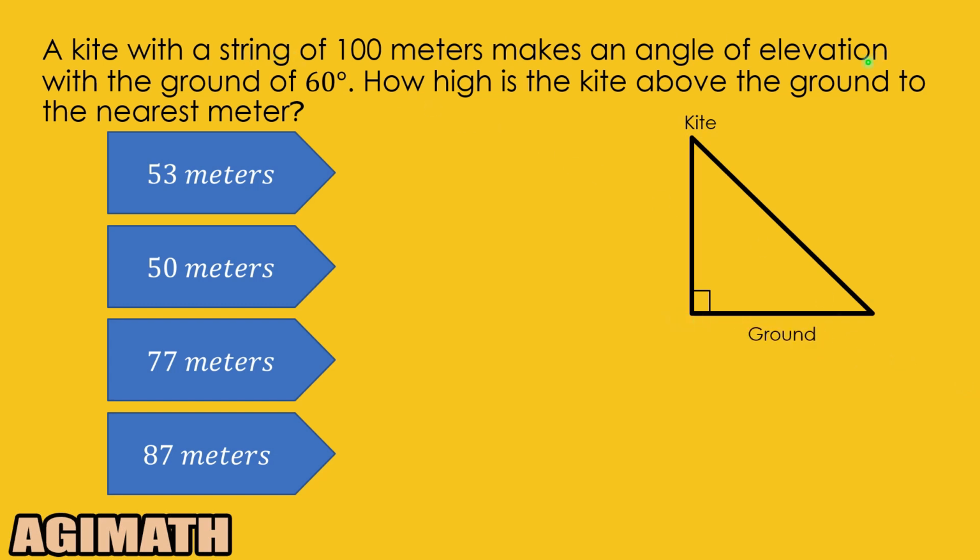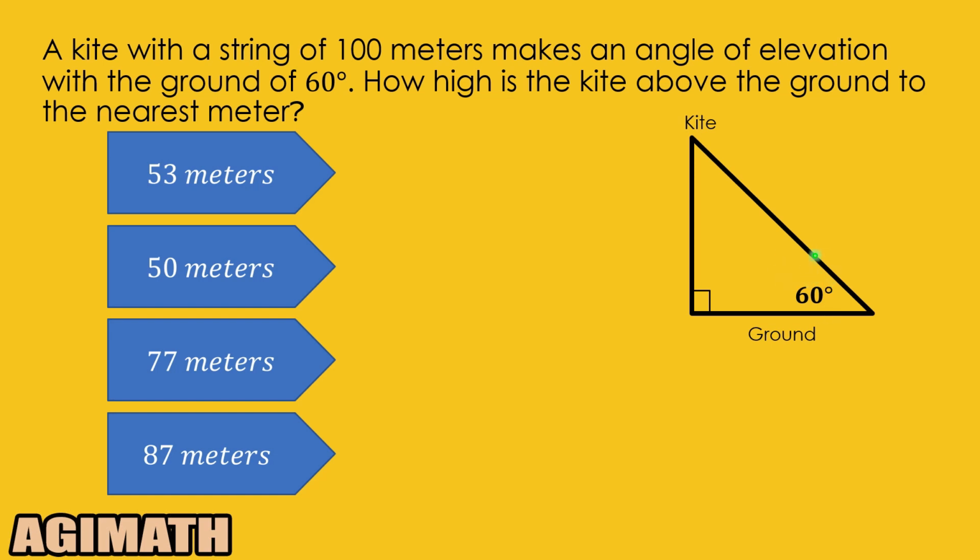It makes an angle of elevation with the ground of 60 degrees. So from the ground, this is the observer, maybe the one holding the string of the kite. If the observer is looking at the object above, the angle formed between the horizontal line and the line of sight is the angle of elevation, and that is given to be 60 degrees.